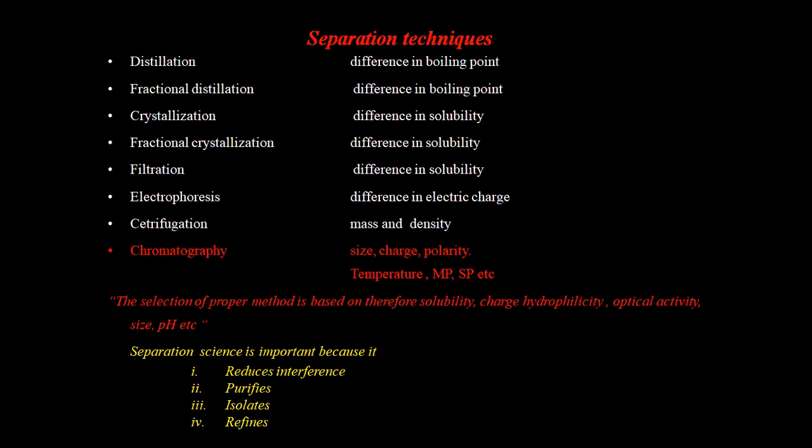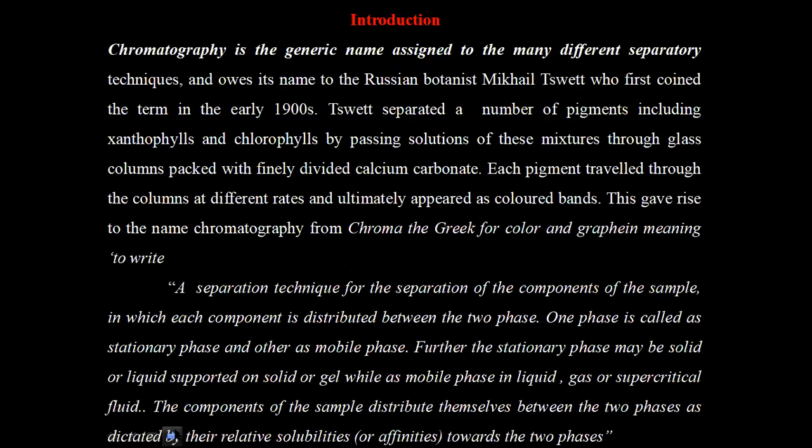These are properties of separation techniques in general, but chromatography is nowadays more used because of its advantage over the other separation techniques, as it can use different parameters for the separation of the mixture of components.